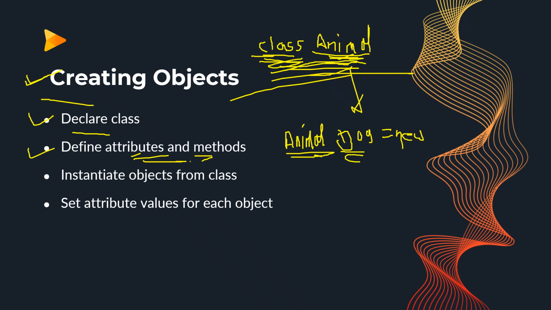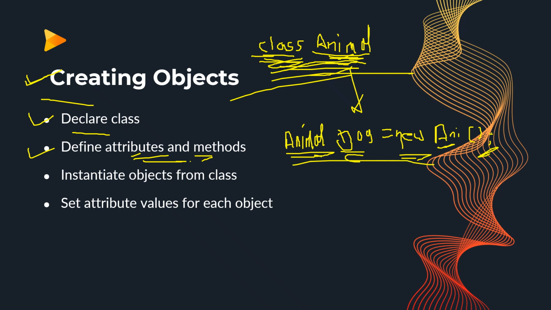This is a keyword like class. After that we have to enter the class name again. Then we have to give brackets, and at the end we have to give the semicolon.